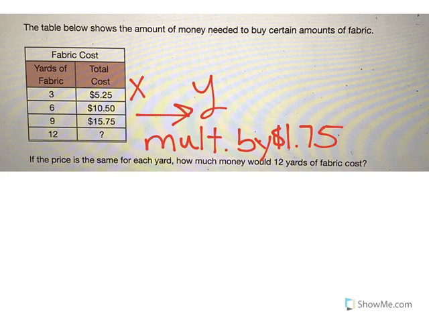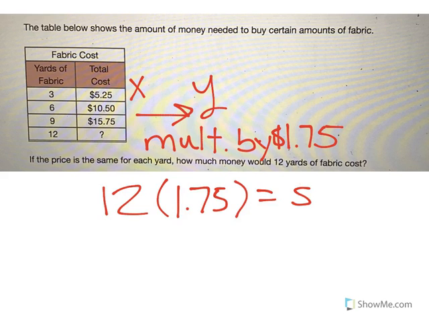So if I multiply 12 by $1.75, what would I get? I would get 21. So my answer to this problem is $21.